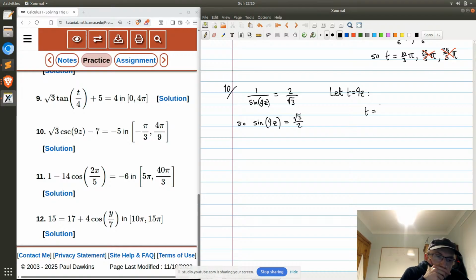Now, we have this range here to contend with. So a few positives and a few negatives, that'll be just fine. Okay, so it's pi over 3, and what's the other one? 2 pi over 3.